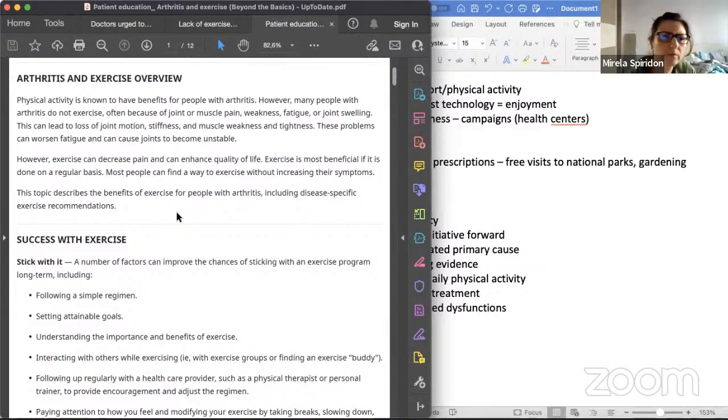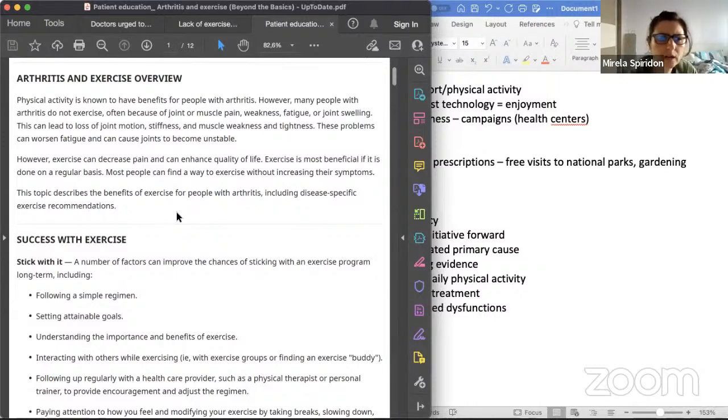However, exercise can decrease pain and can enhance quality of life. Exercise is most beneficial if it is done on a regular basis. Most people can find a way to exercise without increasing their symptoms.